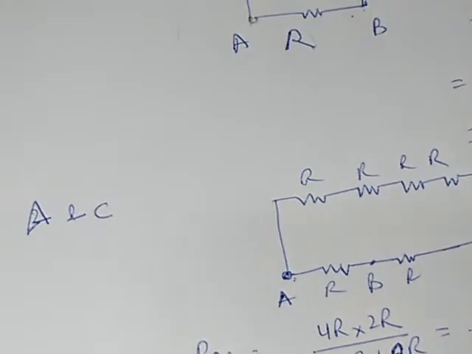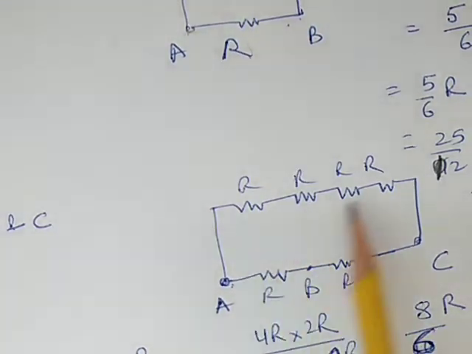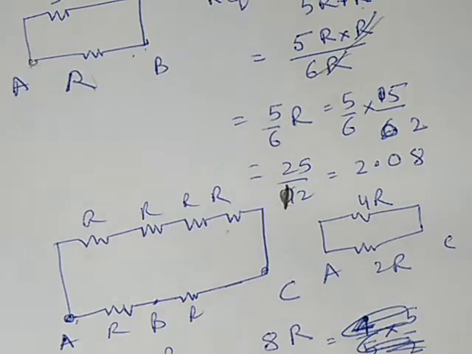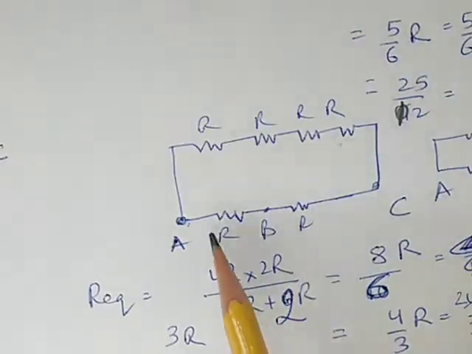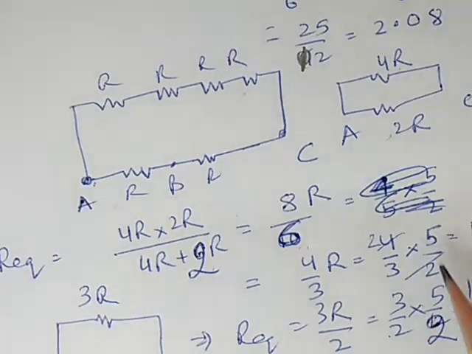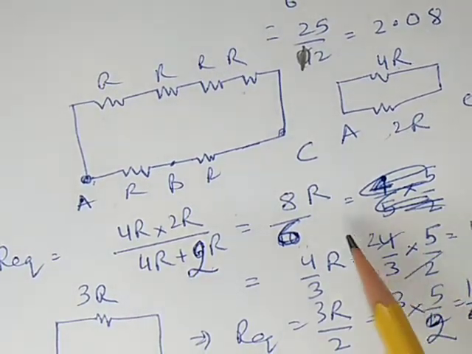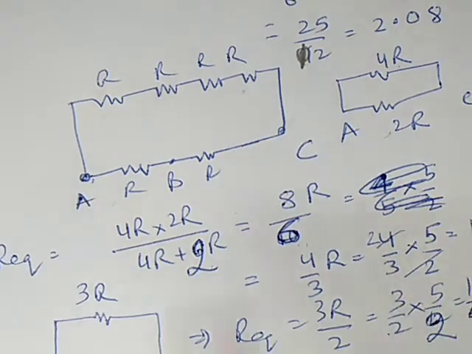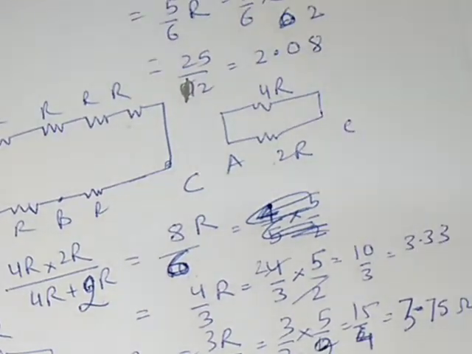So we have an equivalent circuit with 4R and 2R in parallel, and their equivalent resistance is going to be 4R into 2R divided by 4R plus 2R, or 8R divided by 6R, which is 4 by 3 R. And we know that the value of R is 5 by 2, so it's 4 into 5 by 2, which is 10 divided by 3, equal to 3.33 ohm.